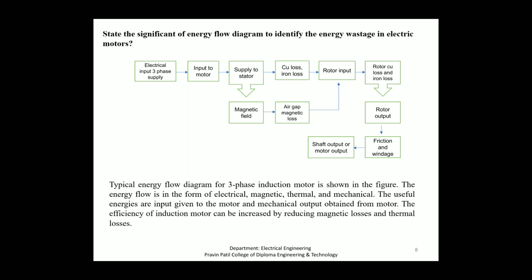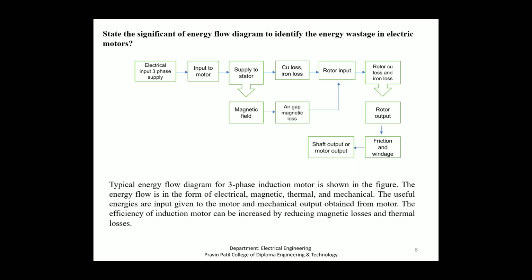As we all know, the input to the three-phase induction motor is a three-phase AC supply. So, the three-phase supply is given to the stator of the three-phase induction motor. A part of this power input is used to supply stator losses, which are stator iron loss and stator copper loss.